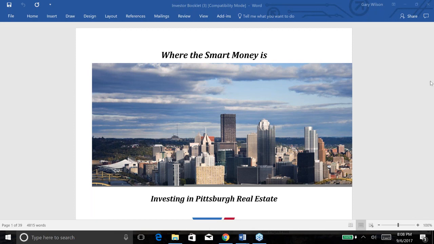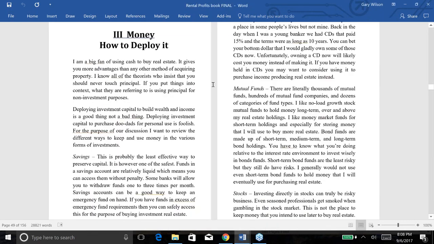Oh, one more to Dennis. Dennis says, can we get a copy of the article you used tonight? I'm wondering what that was. Oh, Dennis, you know what that was? This right here. Let me bring it back up. This is actually in the book, Rental Profits Without the Pain. So if you go to the silver level membership section, go down towards the bottom, not the free books, but the premium books.